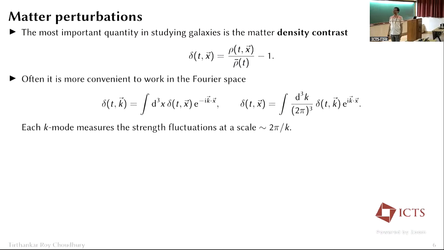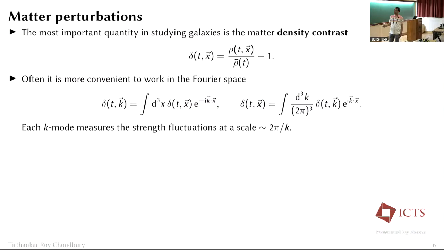Often it is easier to work in the Fourier space rather than real space. So what you do is you take this quantity or any other perturbation quantity you are interested in. It could be peculiar velocity, it could be potential or various other things. You do a Fourier transform and you use some convention to do that.